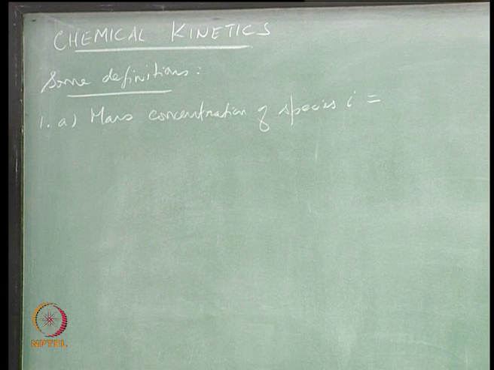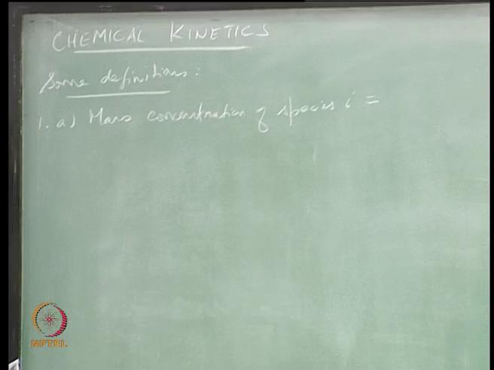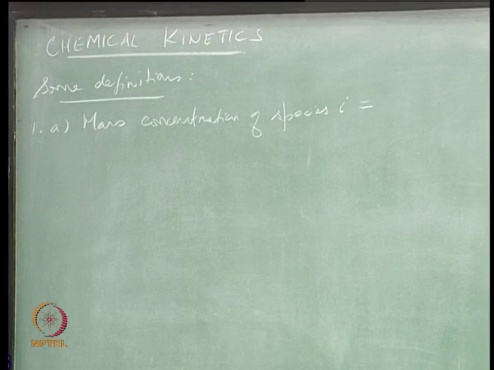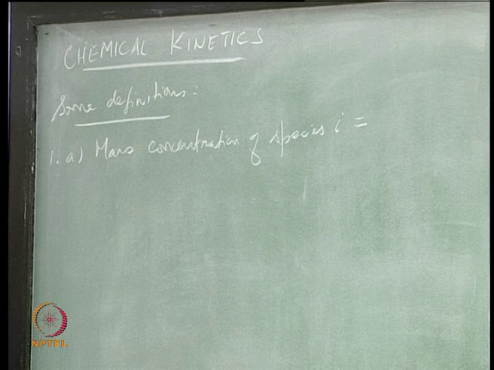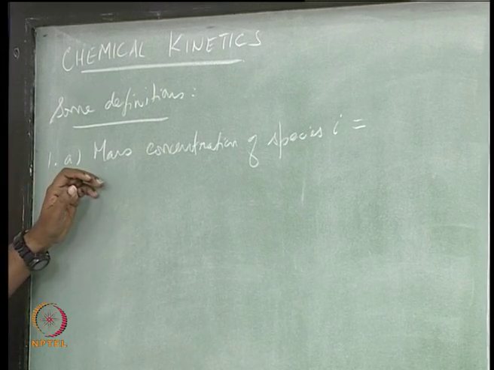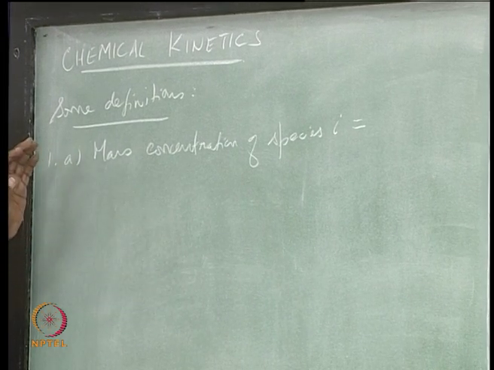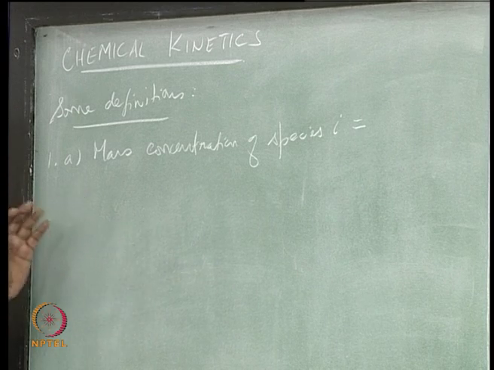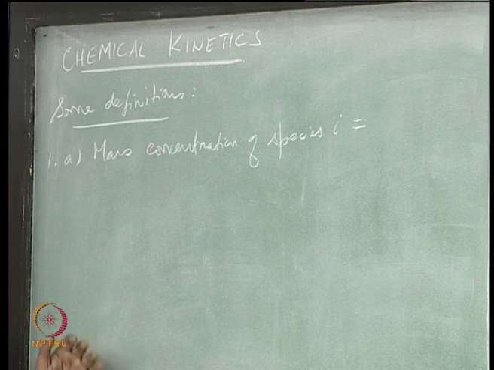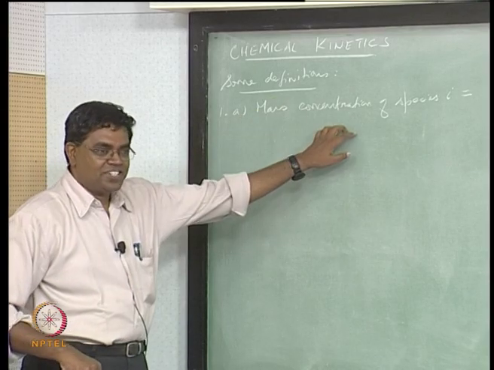What does it mean? We are looking at mass, right? So mass of that species in the total mixture, in what of the total mixture? Is it the mass of the total mixture? Sorry, that's the next. So you're looking at mass concentration.